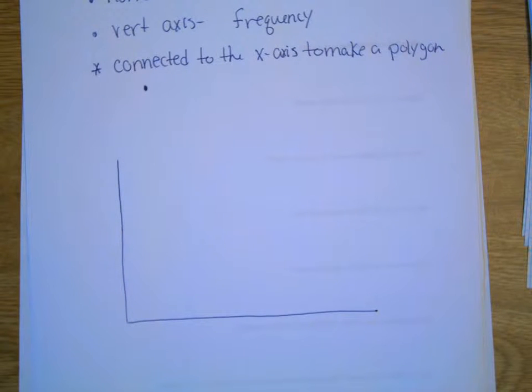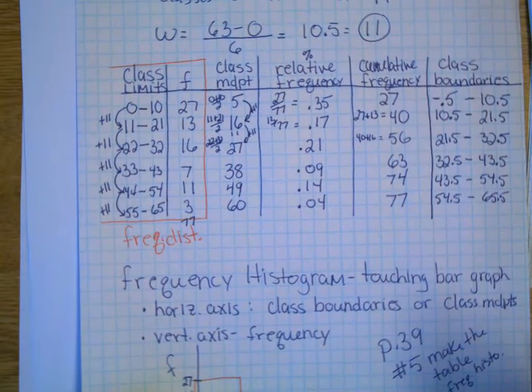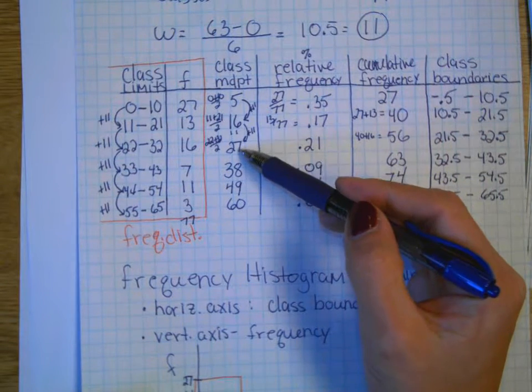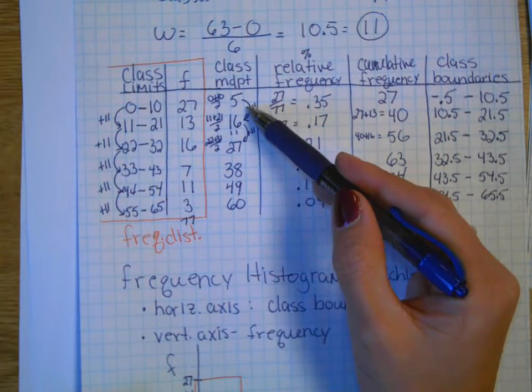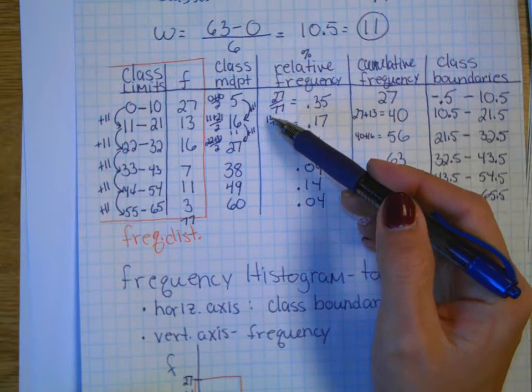I'm going to add something to it in a minute, after we start the graph. Okay, so what we need are class midpoints down here, and I have the table handy. Our class midpoints are 5, 16, 27, 38, 49, and 60. They're all 11 apart, because that was our class width.